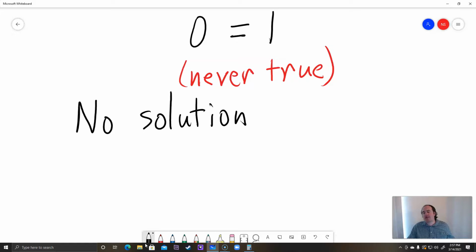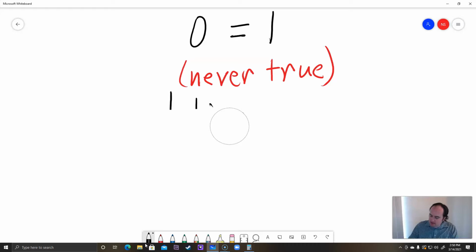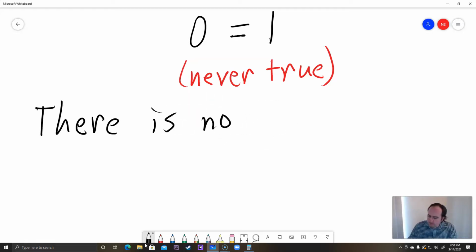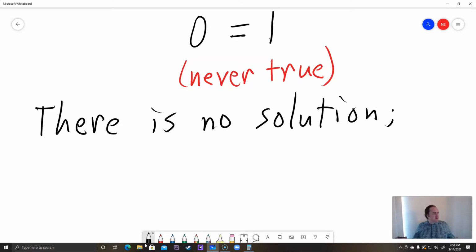Or on MyMathLab, they say there is no solution, and then for the solution, since there isn't one, they write the empty set. So they write curly braces with nothing between them, which the empty set is sort of like a box with nothing inside of it.